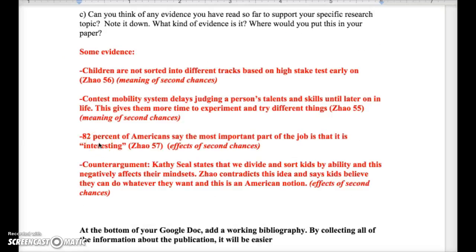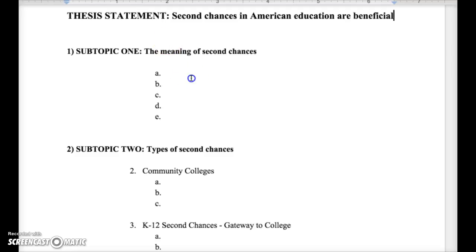So I'm just going to give you an example of sorting your evidence. So I've collected some evidence here about the benefits of second chances, and I'm just going to copy and paste it onto my outline.